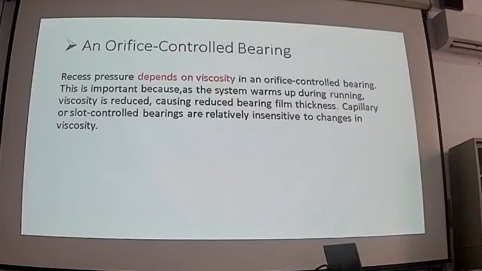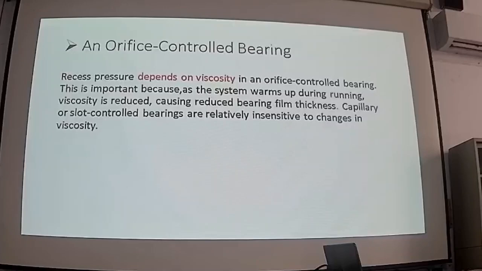So for the orifice restrictor design hydrostatic bearing, the recess pressure depends on the viscosity. When your system warms up due to the friction between the viscous fluid, you will have a temperature rise in your lubricant, and usually the viscosity will drop in that case.